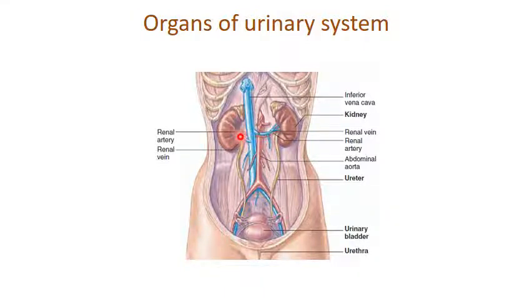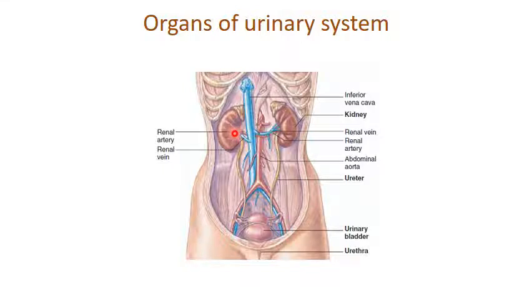Along medial side of each kidney there is a depression that is called as hilum. Hilum is gateway to the kidney because through this depression renal artery enters the kidney and renal vein leaves the kidney. And ureter is also connected with each kidney through hilum.